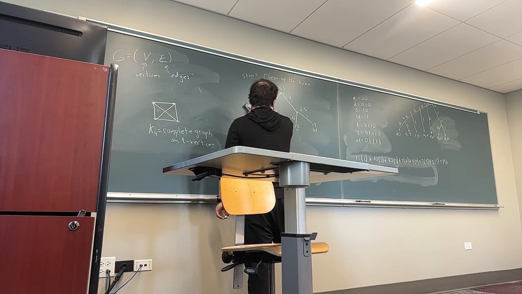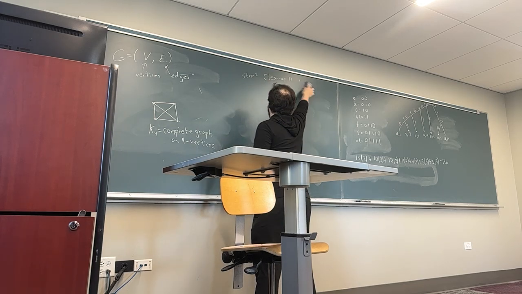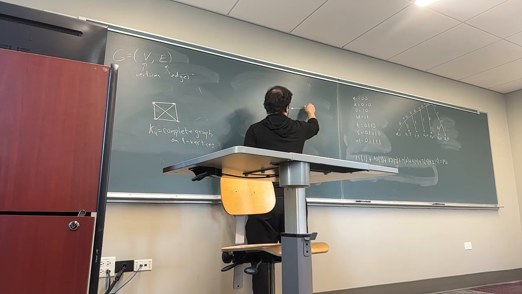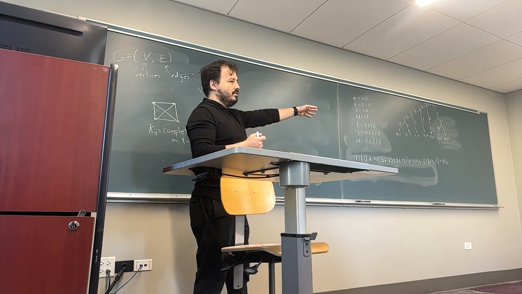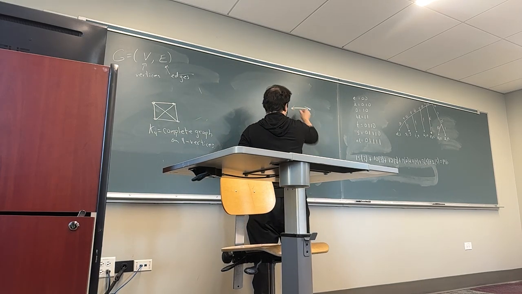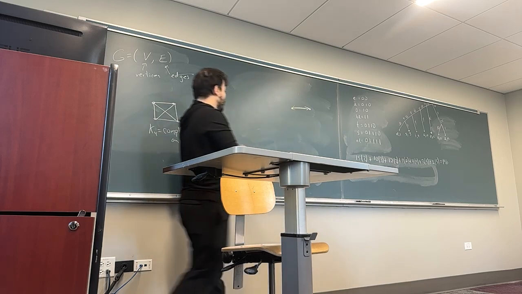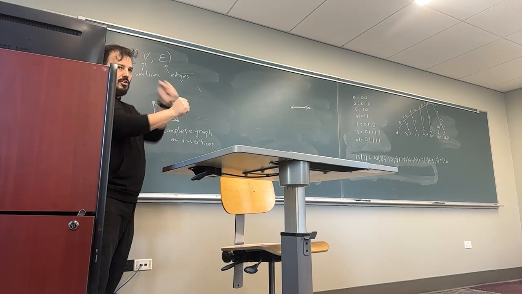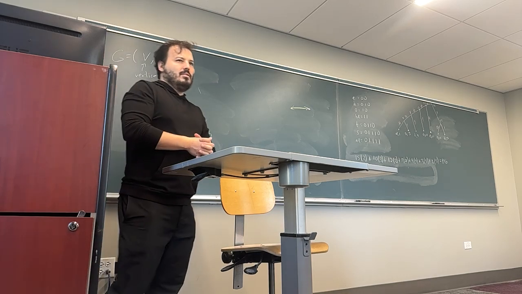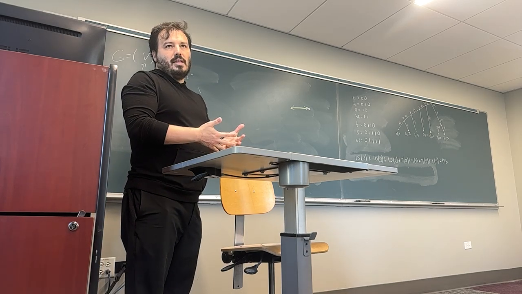There's also the notion of directed graphs. So in a directed graph, the edges have a direction. So this edge and that edge are different. Whereas in a normal graph, if you just have the edge, they're connected in both directions. But sometimes in the real world, we have directed edges.